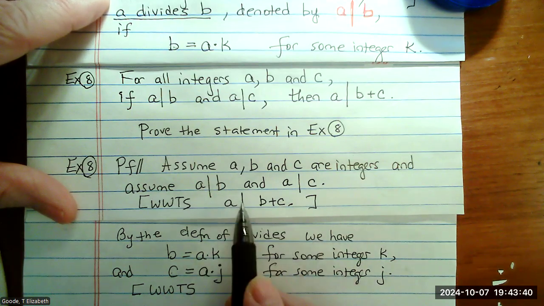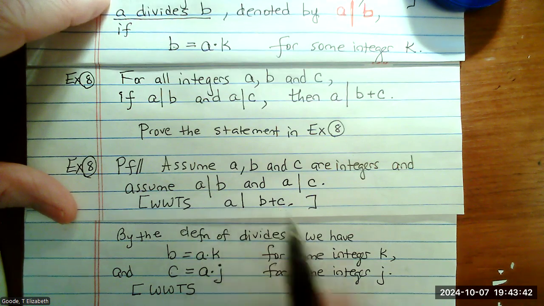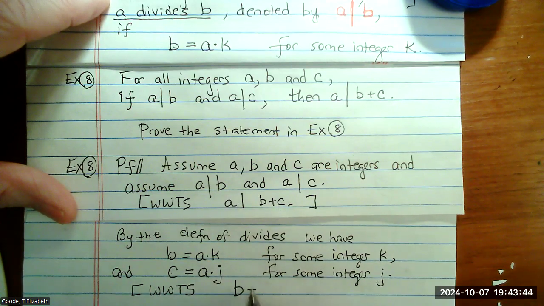If we look at what it means for A to divide B plus C, it means we wish to show B plus C is equal to A times M, where M is an integer. You see?